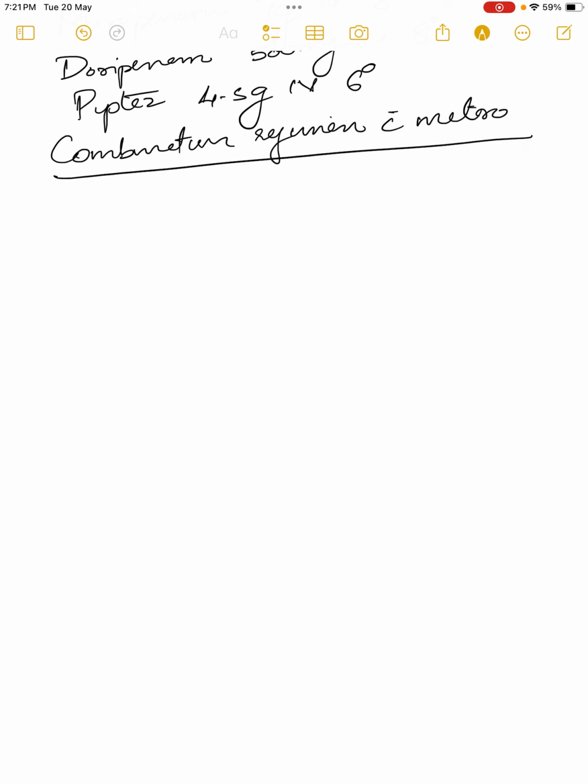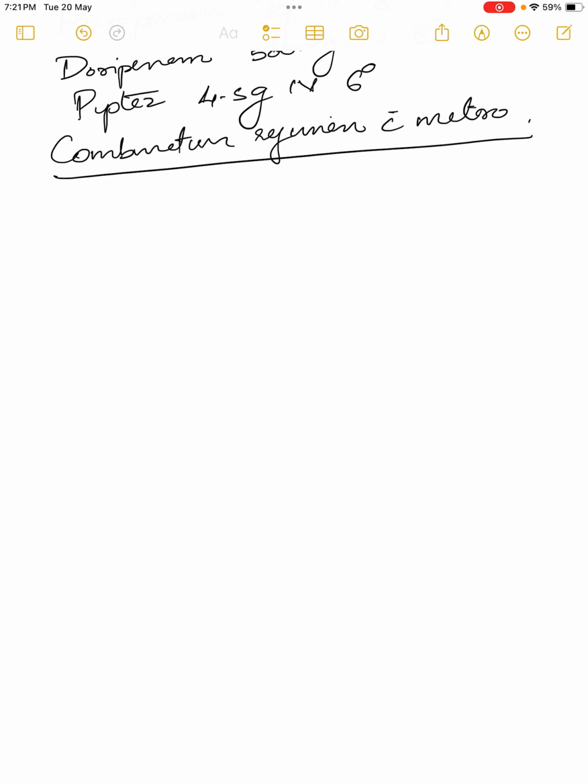If you are going for a combination regimen with metronidazole, metronidazole covers the anaerobic bacteria.